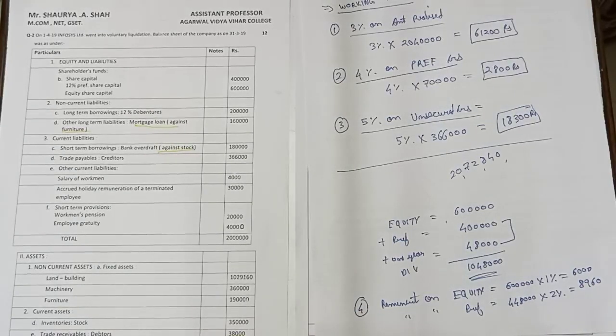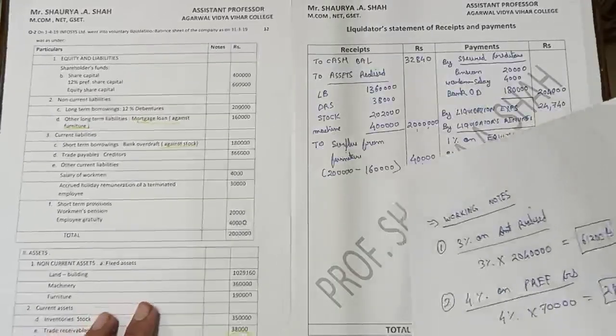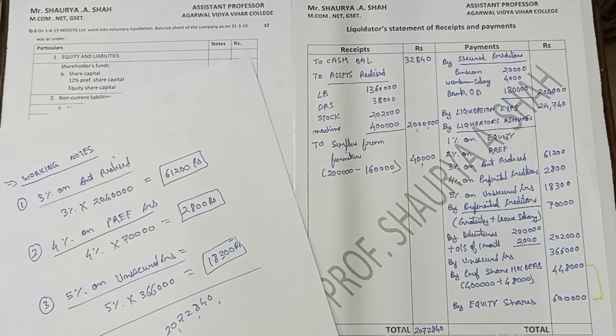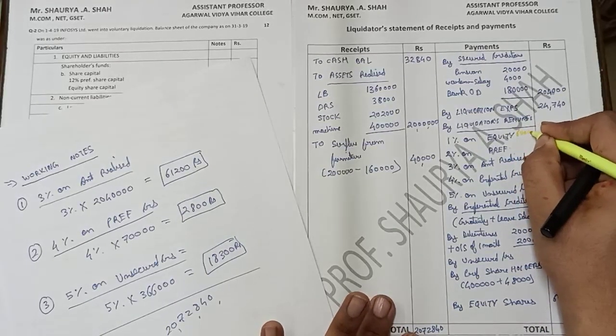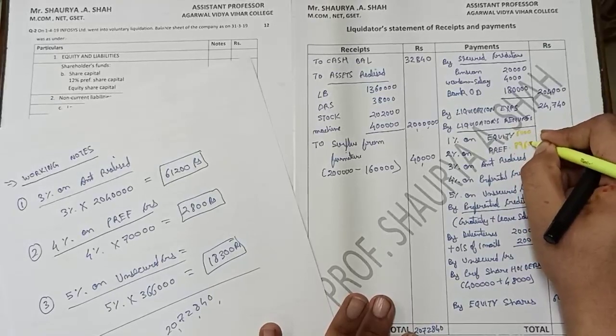So 8,960 is the amount I am getting for my preference shareholders. Is it clear, students? Fine. So I'll write down in the inner column again the remuneration which we have found out, 6,000 and 8,960, right?